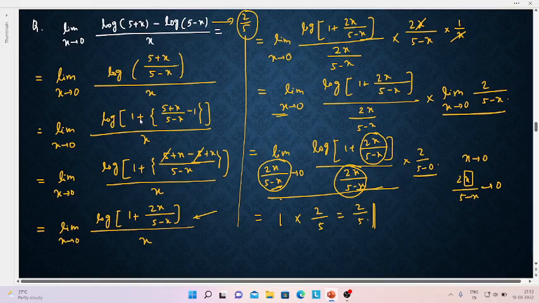Then I solved the 5 plus x upon 5 minus x minus 1 part, and after applying some methods and process, we can find that the value of this particular thing is equal to 2 upon 5, right? So the value of this limit is actually 2 upon 5. I believe you understood, right?